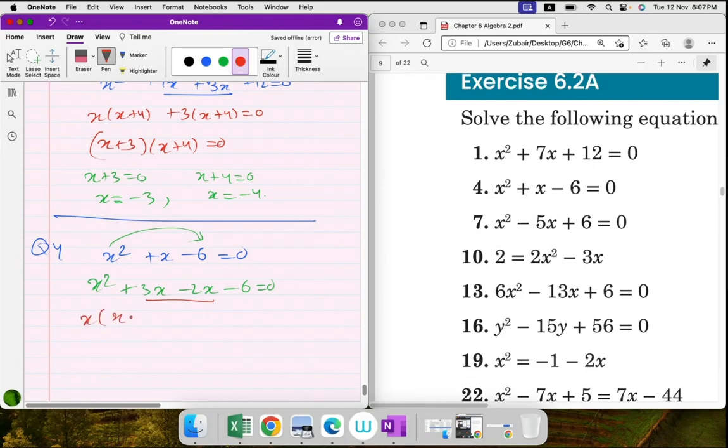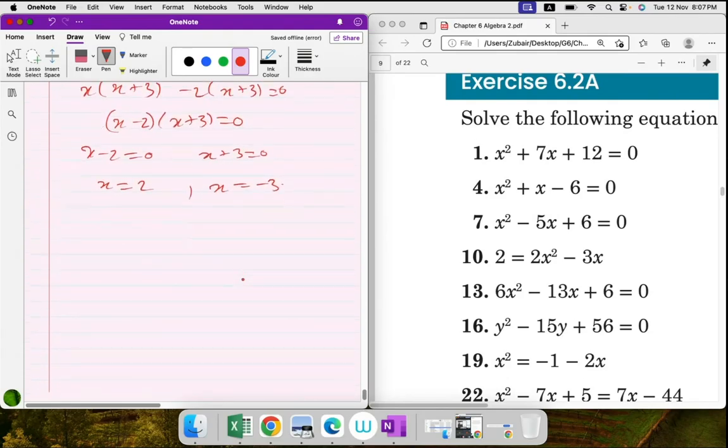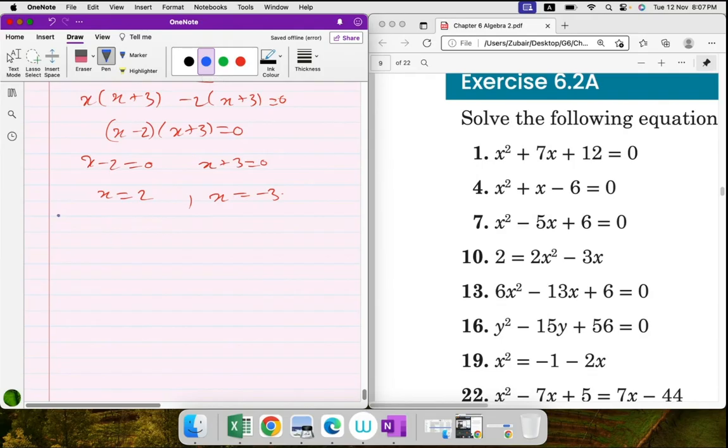So both satisfied. x plus 3, minus 2 again, x plus 3, and (x minus 2) into (x plus 3) equals 0. First factor equal to 0, second factor equals to 0, x equals 2 and x equals minus 3. Try question number 7.